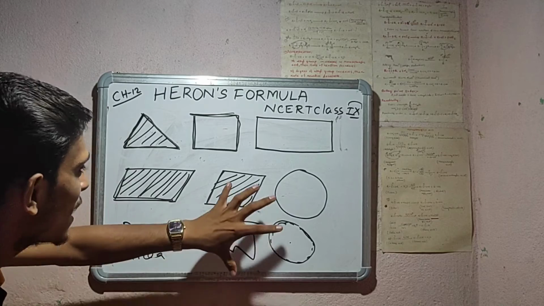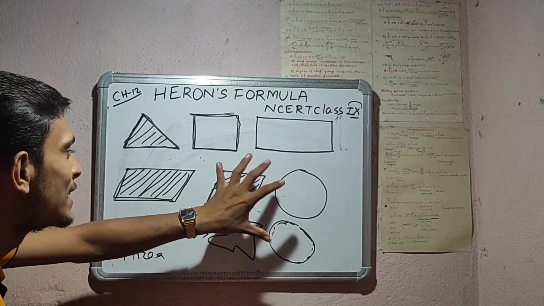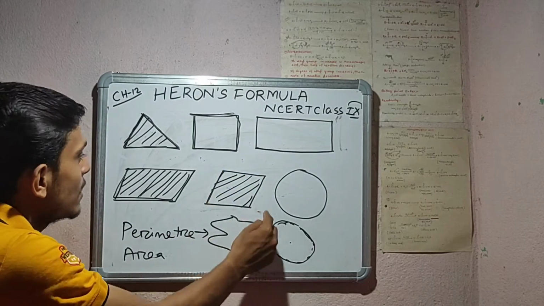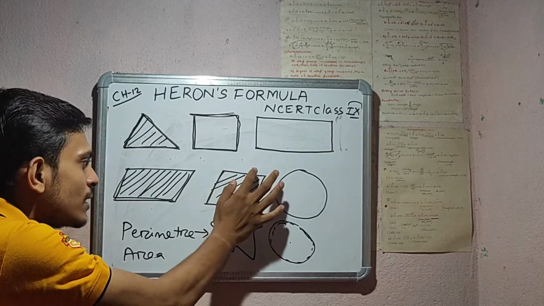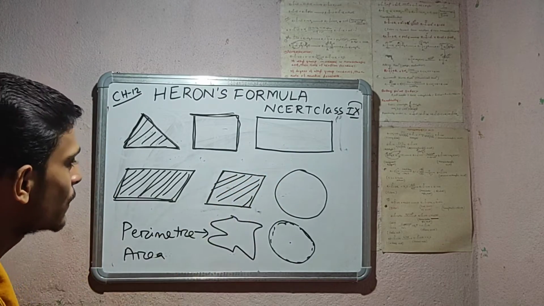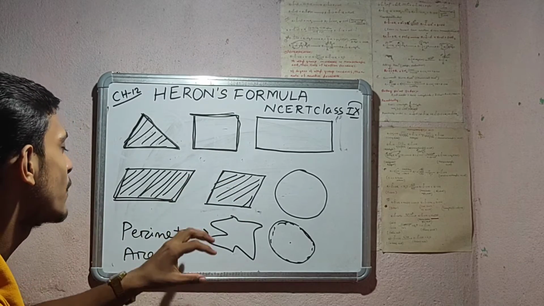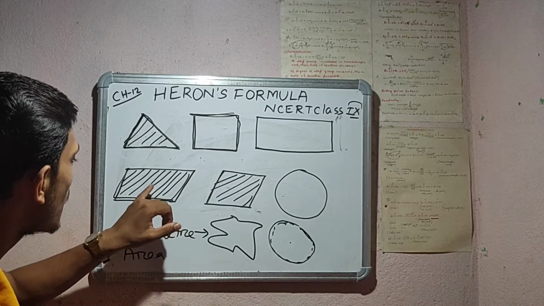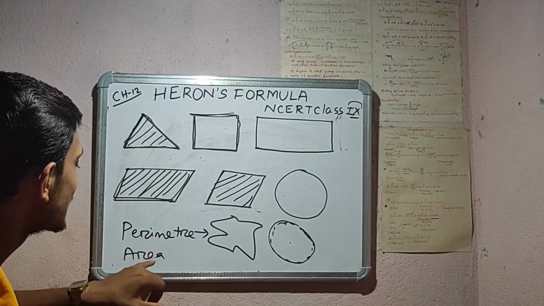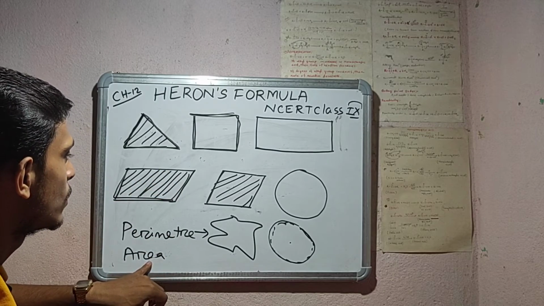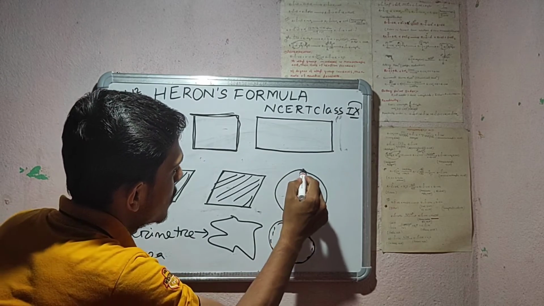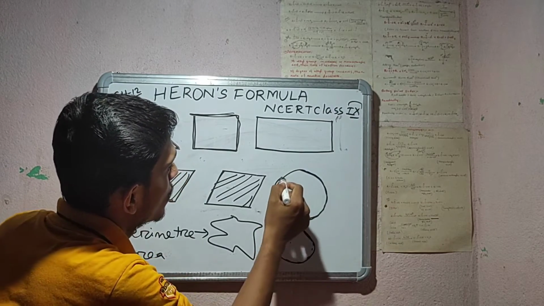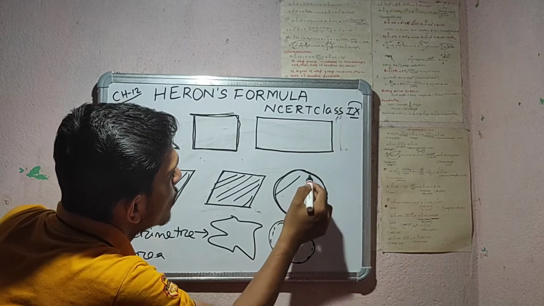The part in which the lines are drawn is area, and the total length of the border line of the figure is your perimeter. In case of circle, this represents your perimeter, and this is also your area.